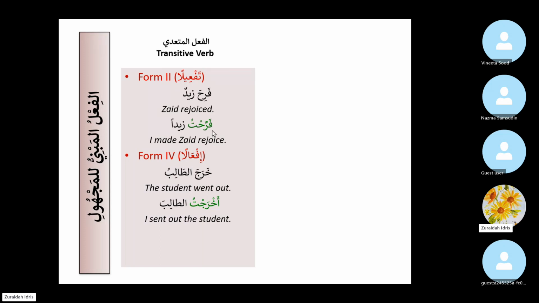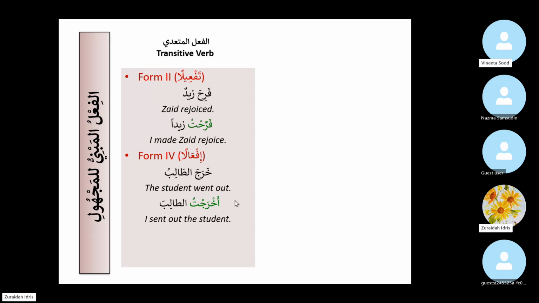So we have farahtu zaidan. Voila, I made Zaid rejoice. So Zaid now is your maf'ul bihi. The sentence now is muta'adi. Made rejoice is because of the way you have put it into this family. The original word rejoice is now made rejoice, so that's why it can make Zaid the maf'ul bihi.